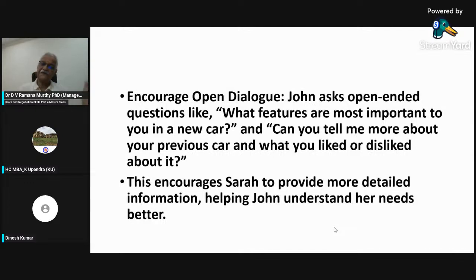You elaborate the features, explaining the features of this new car, and ask Sarah, what are the features you think are most important to you in your new car? Can you tell me more about your previous car, the inconveniences and conveniences you had, and what you liked and disliked about the earlier brand you have used?